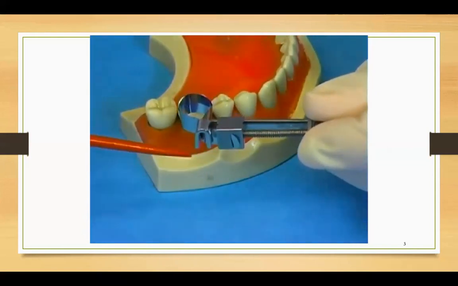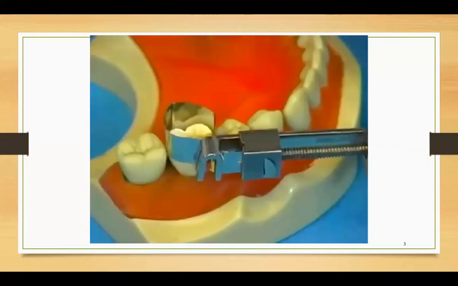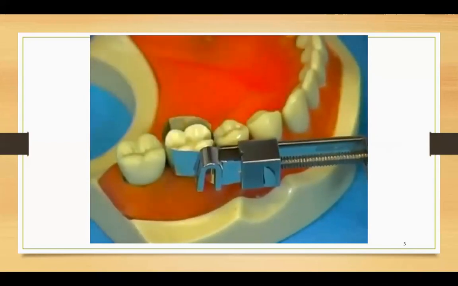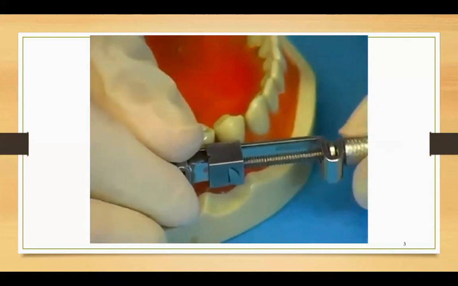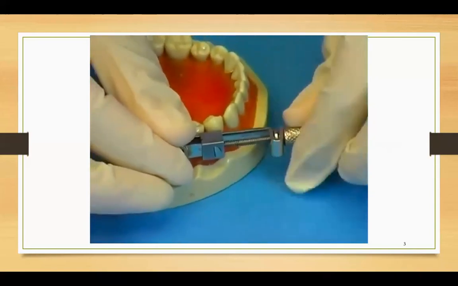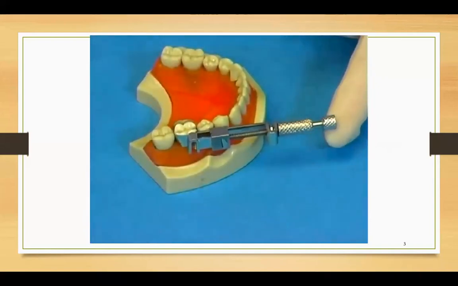The guide slots always face towards the gingiva. Push the band gently over the crown until seated. Tighten the inner knob to tighten the matrix band firmly on the tooth. Check that the band is stable.